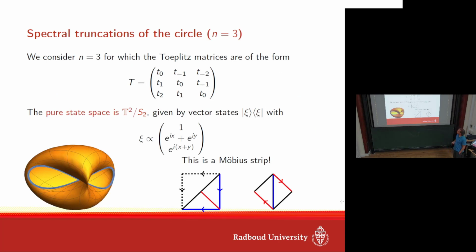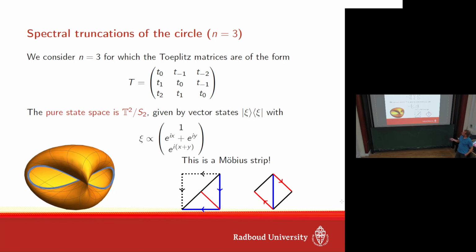The spectral truncations then, so for n equal to 3, the structure is already quite intricate. So this is just the 3 by 3 Toeplitz, the first interesting situation. Then you find that the states are given by these vector states, labeled by x and y, 2 points on the circle up to permutation.